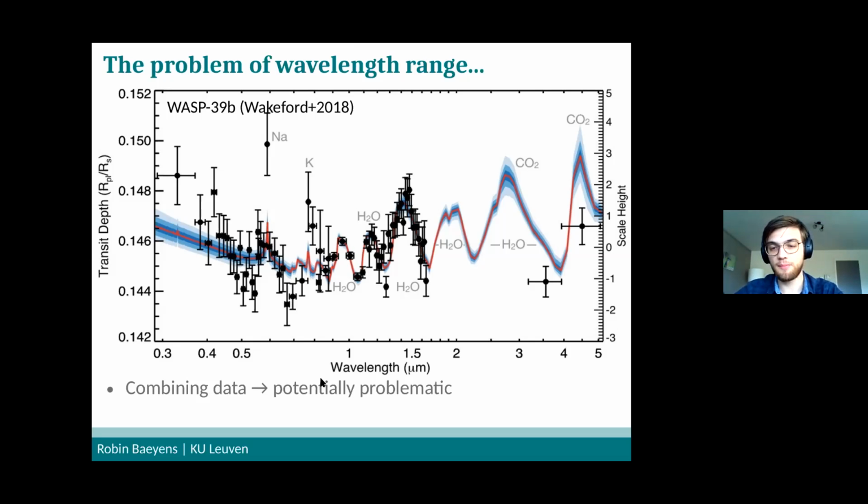There's also another problem, that it's potentially problematic to combine data sets, because there can be slight systematic errors in the reduction of the data, and then that can give an offset, and then it's difficult to combine these. But as I already said, the James Webb Space Telescope would make huge progress in that respect, because then we have a wavelength coverage up to 28 microns, so in the far infrared, where we will see all kinds of molecular signatures, hopefully.